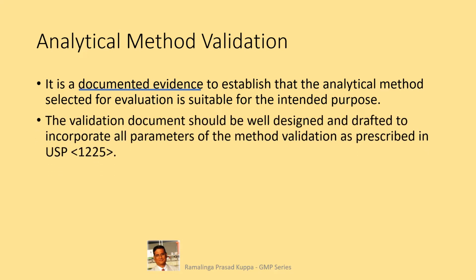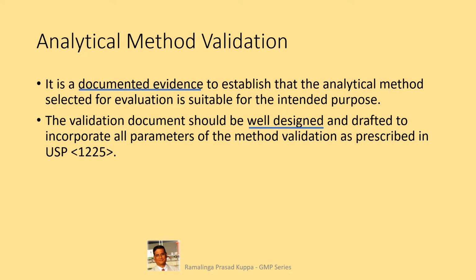The validation document should be well designed and drafted to incorporate all parameters of the method validation as prescribed in USP 1225. For analytical method validation, the intent of USP 1225 should be understood fully.